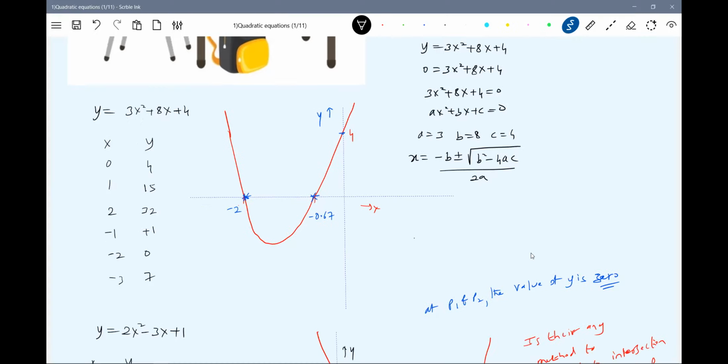Now let's get the value of x. X is equal to, in place of b, minus 8 plus or minus square root of 8 square minus 4 into 3 into 4, all divided by 2 into 3. So the value of x will be minus 8 plus or minus square root of 64 minus 48, by 6.